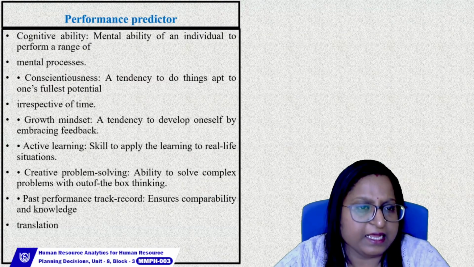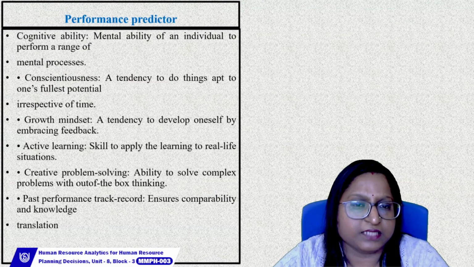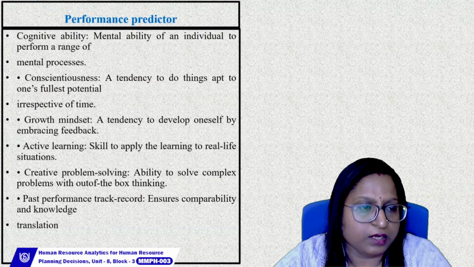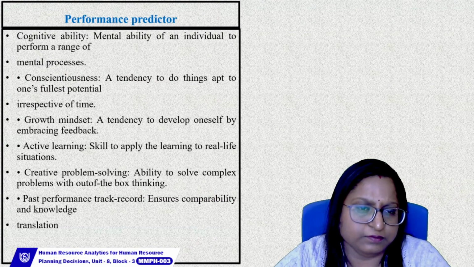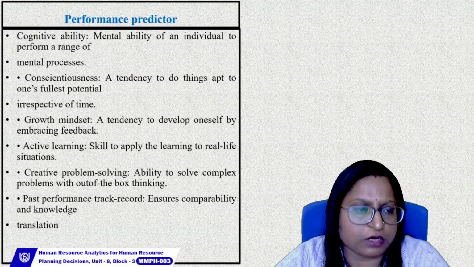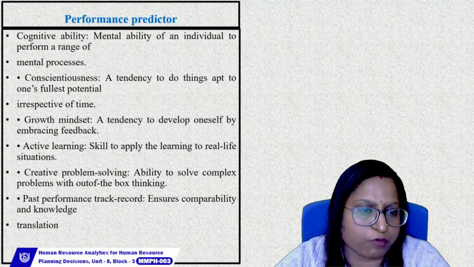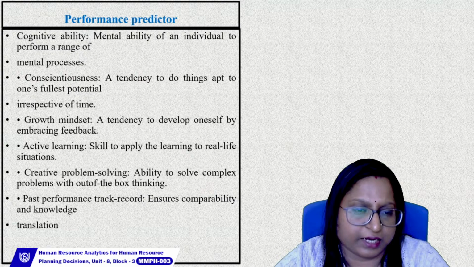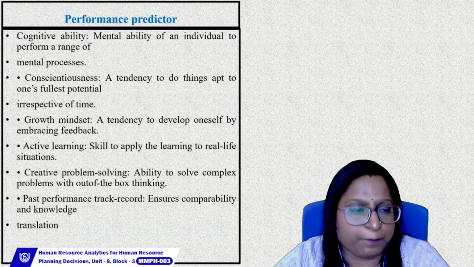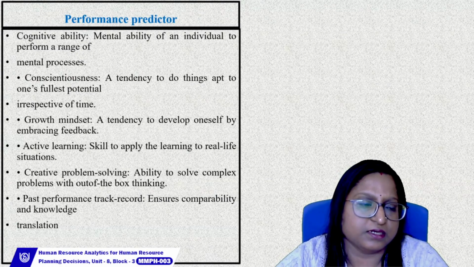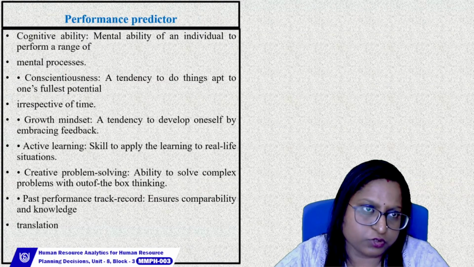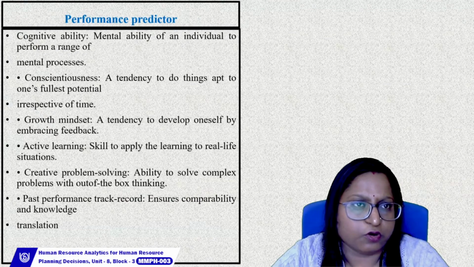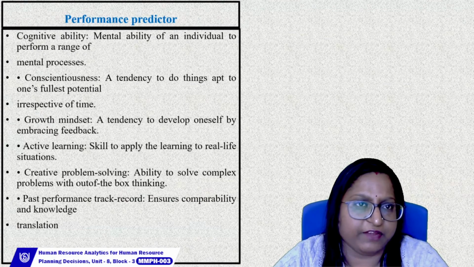Active learning, skills to apply the learning to real life situations. Creative problem solving, the ability to solve complex problems with out of box thinking. And past performance track record, which ensures the comparability of knowledge translation. So these are the important performance predictors through which performance can be evaluated.